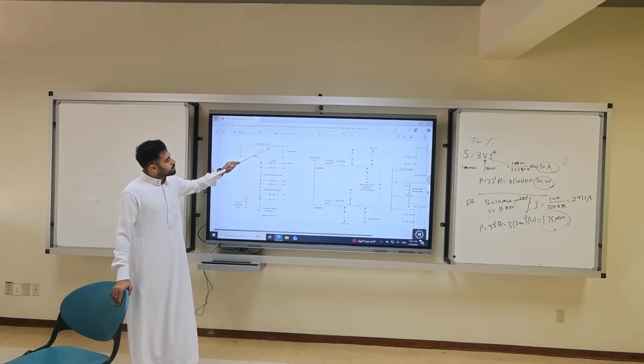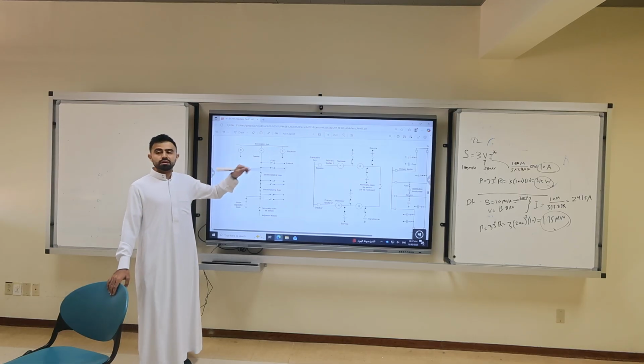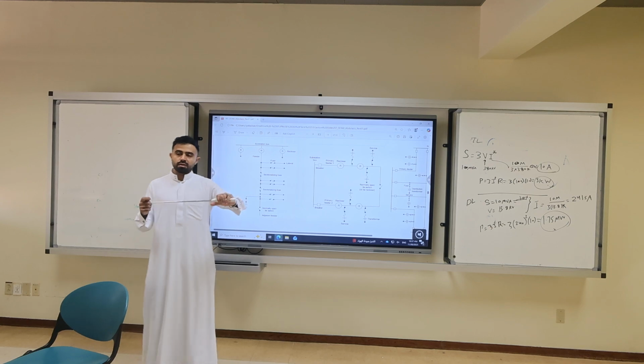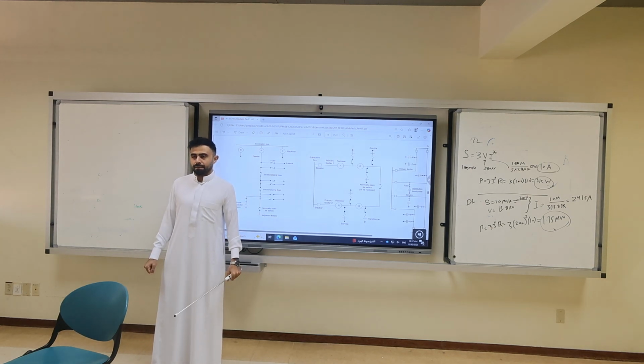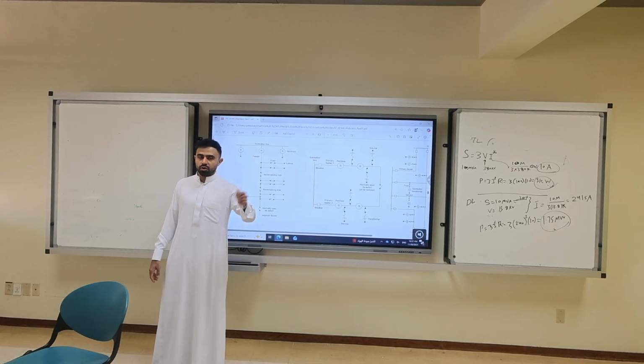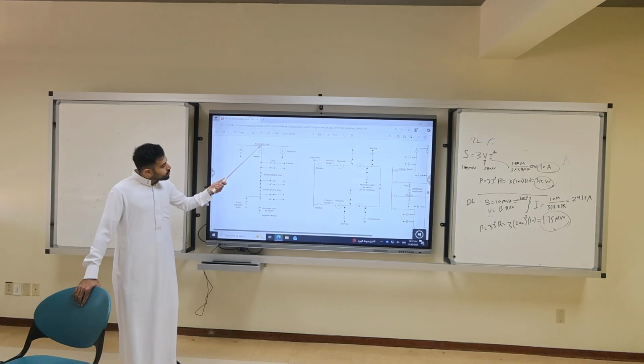Here we have feeder, feeder, feeder. Here we have a recloser. Recloser, it's a breaker that opens and recloses automatically. Programmed in a way to reclose solenoid or solenoid. We have a feeder.